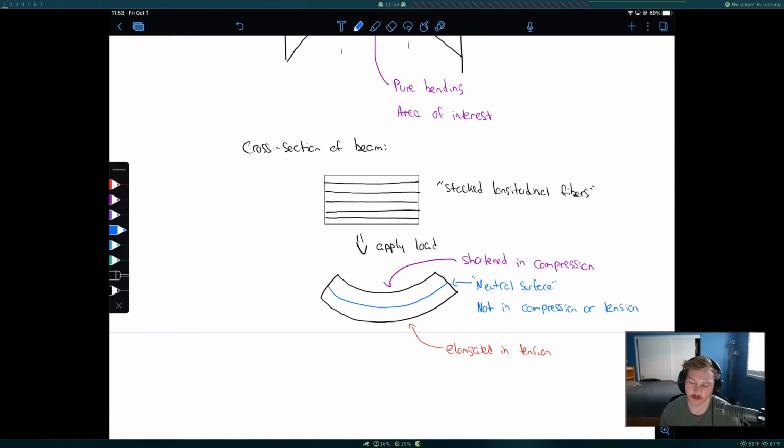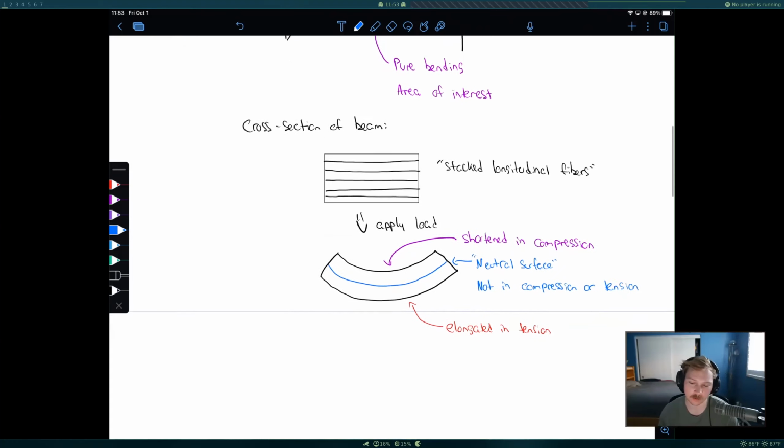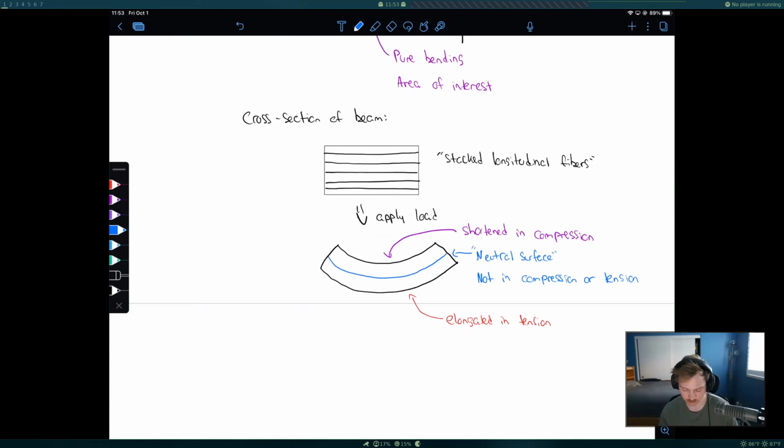Again, we have a pretty simple geometry, so we can easily find the centroid of our beam. It's just going to be right in the middle. So then we know where that neutral surface is, and we can calculate the bending stress.